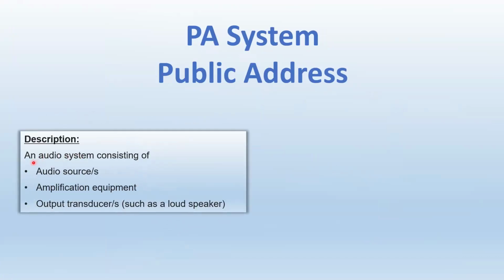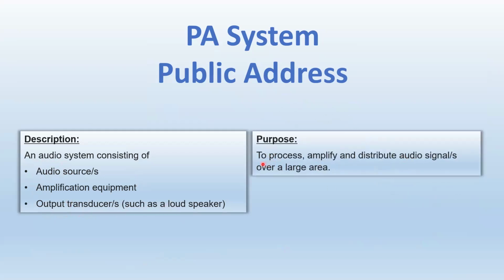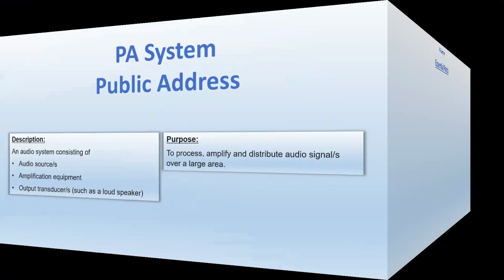Description: it's an audio system consisting of audio sources, amplification equipment, and output transducers, also input transducers, such as a loudspeaker. The purpose is to process, amplify, and distribute audio signals over a large area.